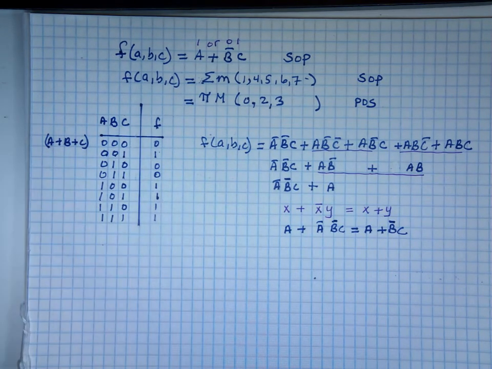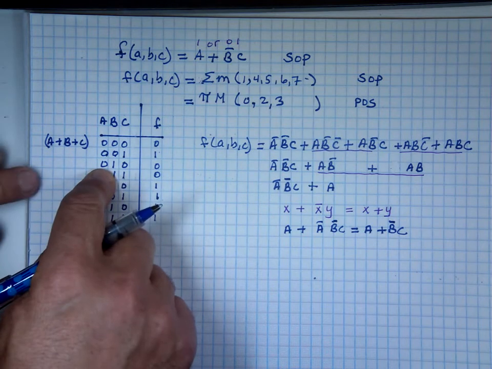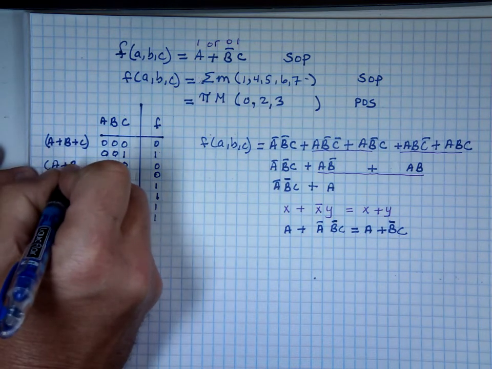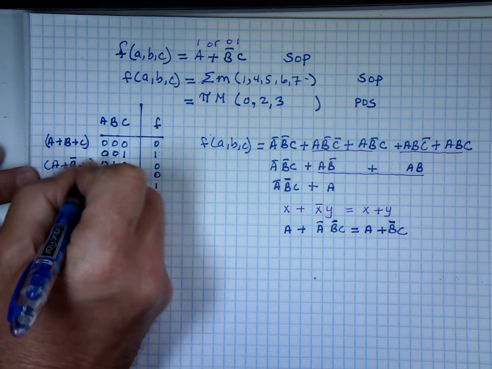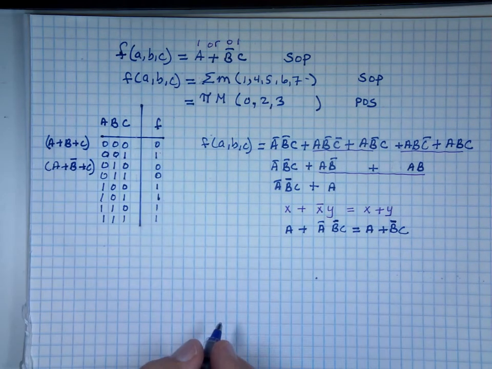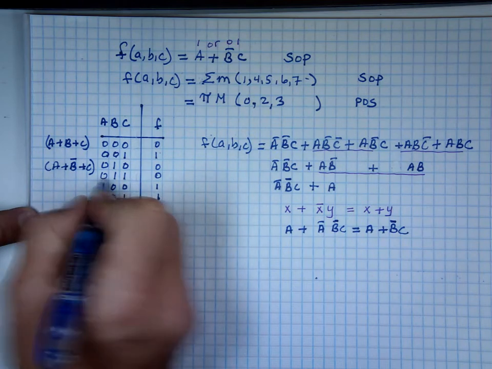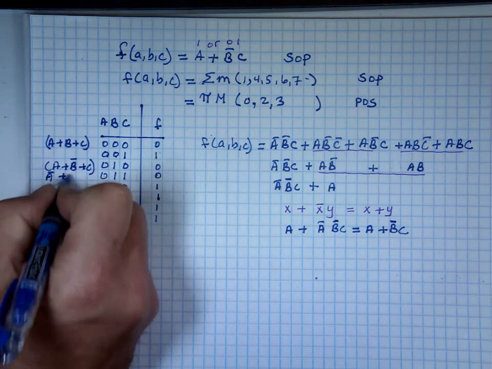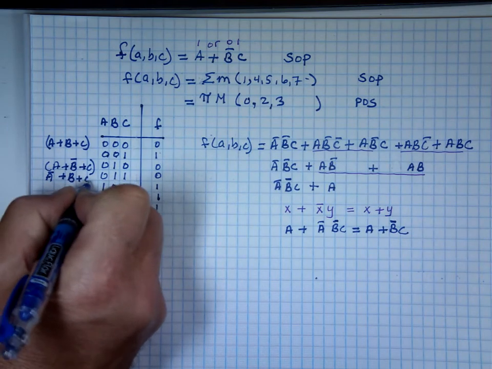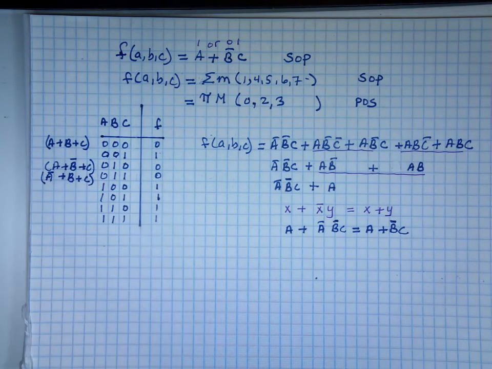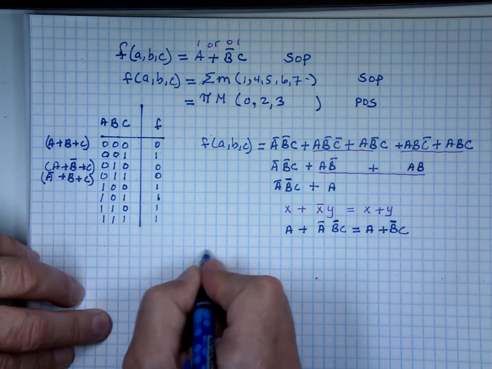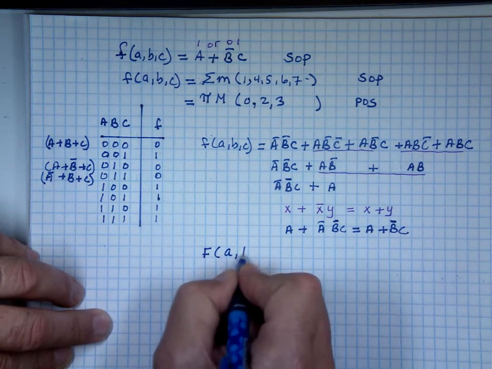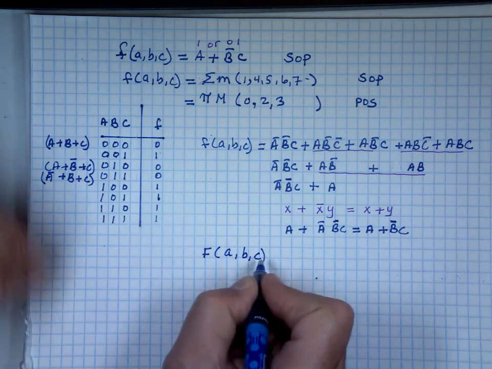I need it right here. So that's A or B bar or C. And the last one with these is this one. A bar plus B plus C. So for max terms, we usually use capital letters. Wait, you switched it for the last one. Doesn't it need to be A plus B bar? Yes, A plus B bar.